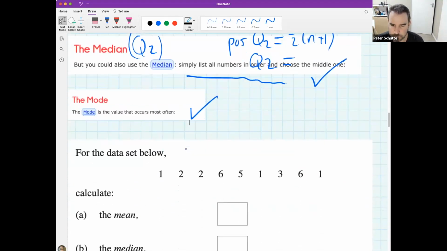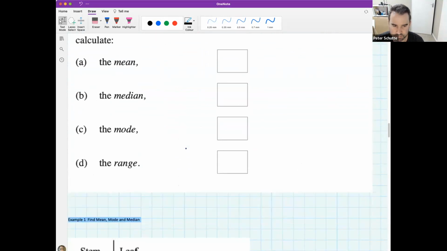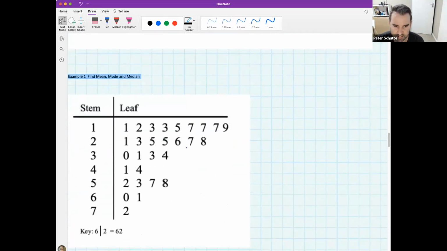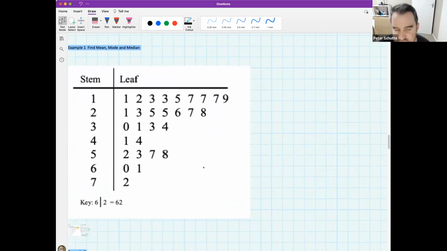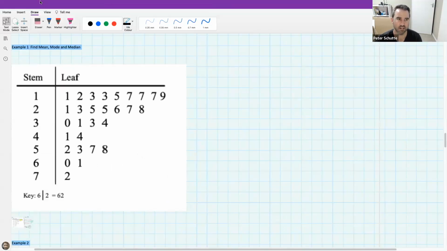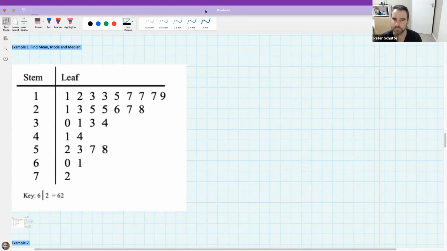Now, let me leave that one out. When we come back, we are going to look at this data set and do some calculations on that. What type of diagram is this? What is this thing over here? Who has an idea? Before we head off on our break.